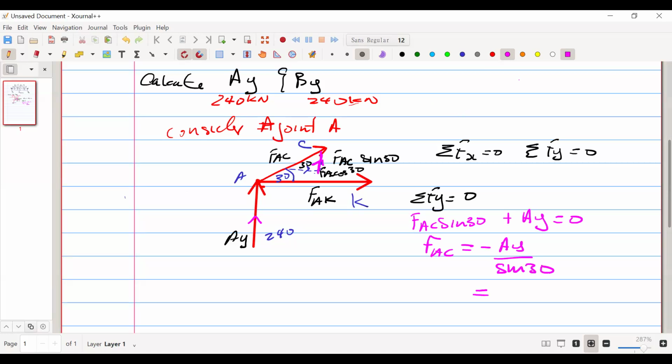So therefore, that would be minus 240 upon 0.5, which is sine 30. So that is minus 480 kilonewtons. For argument's sake, I'm just giving you an example.